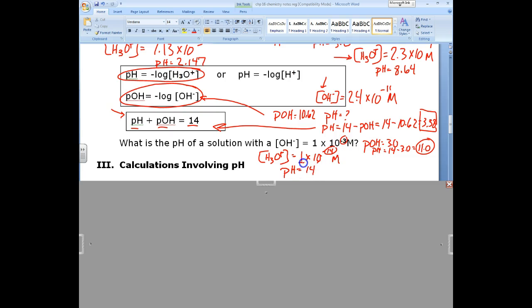But if it followed regular sig fig rules, I only have one sig fig here, so I would not be able to write it as 14. And a pH of 14 is very, very dangerous. It will turn your finger into soap if you were to put your finger in that solution. If I only had one sig fig, I could only write that pH as 10 if it followed regular sig fig rules.